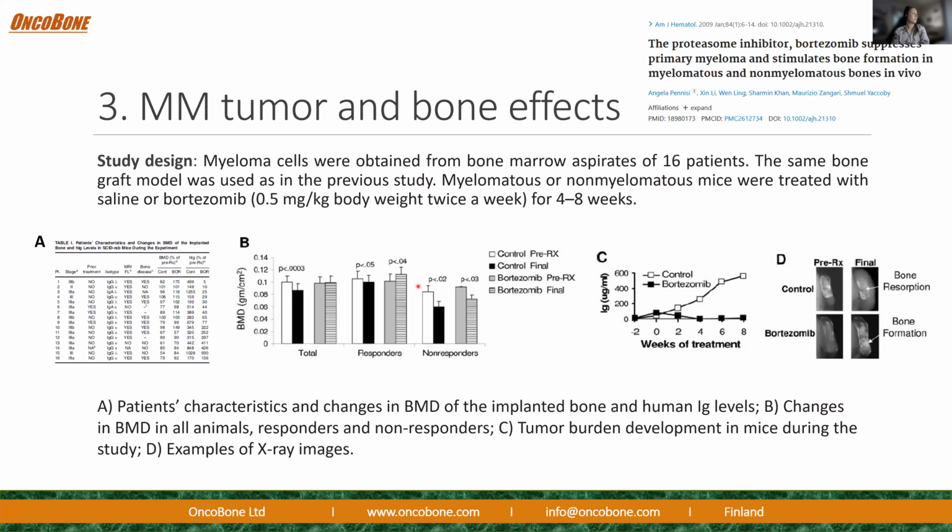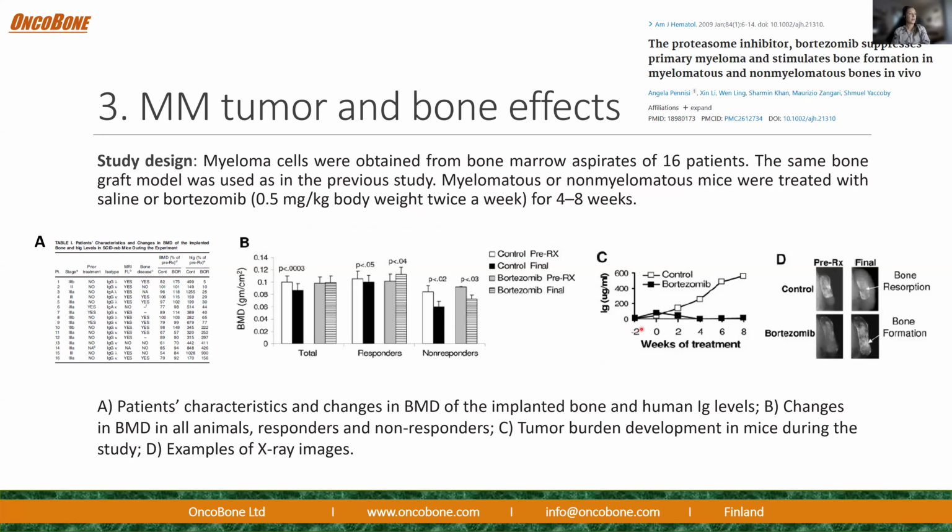But when we look at the responders specifically, we can see that the ones that do respond to the treatment actually get an increase in their BMD, while there are some that did not respond to the treatment, and that's why they did not see a response in increasing the BMD, and that's the reason why the overall results go hand in hand.